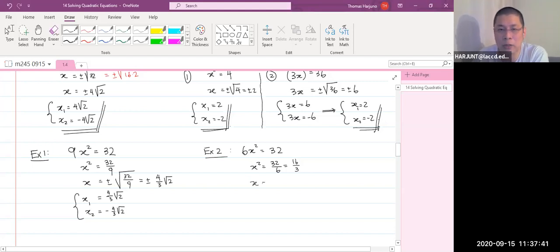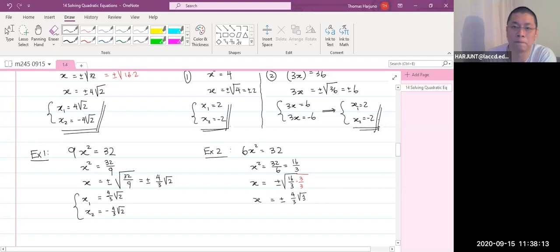So x equals plus minus square root of 16 over 3. But you see, you will have square root of 3 at the bottom, right? Let's rationalize the denominator by multiplying by 3 over 3. Then it will become x equals plus minus 4 over 3 square root of 3.